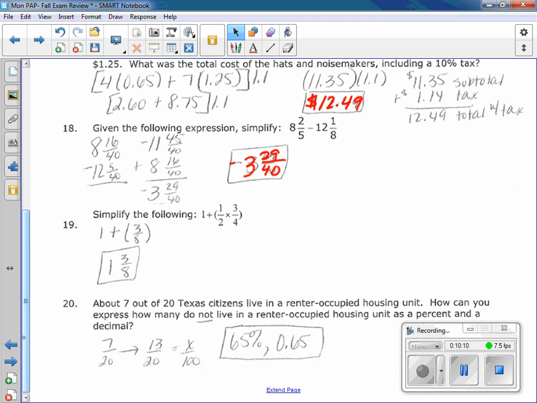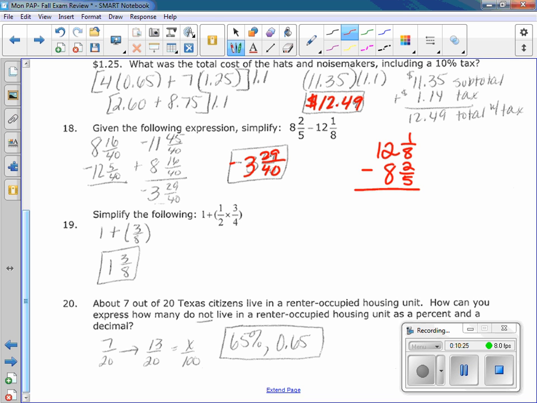On the next one, again, you had more negatives than you did positives. So you actually had to switch the order of that when you're subtracting. So you're doing 12 and 1/8 minus 8 and 2/5, which you have to find a common denominator, which is going to be 40. And then from there, of course, you have to borrow, which means you're adding 40 to this.